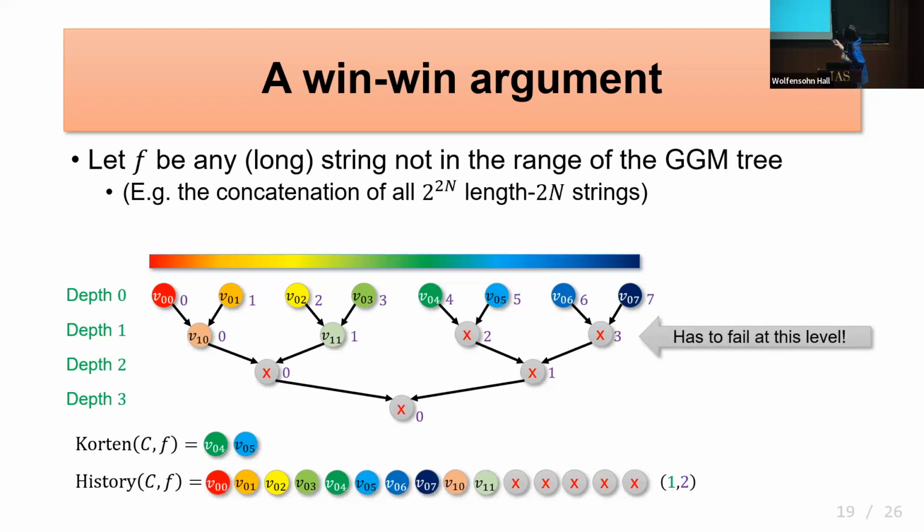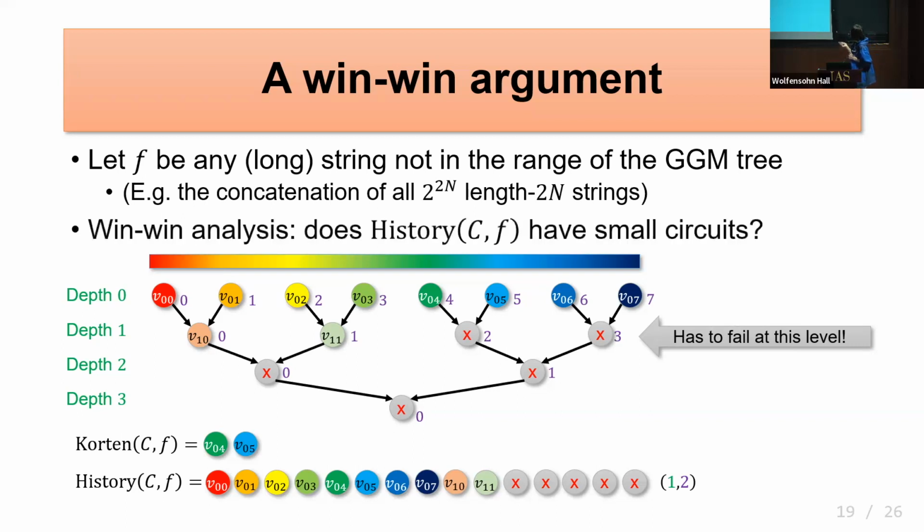So we have this brute force f, and we run Korten on it, which is equivalent to the brute force algorithm where you enumerate all strings and find the first non-output. And we consider the history of this. We consider the history of Korten running on this brute force string, and we do a win-win analysis on whether the history has small circuits.